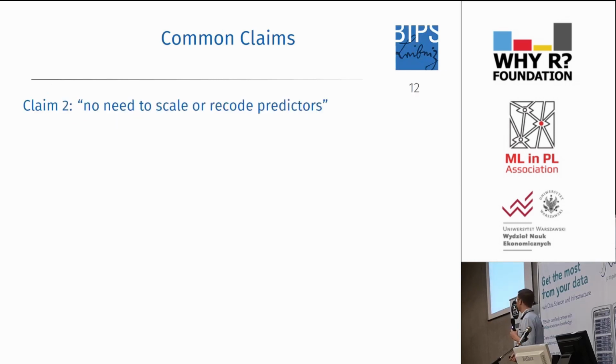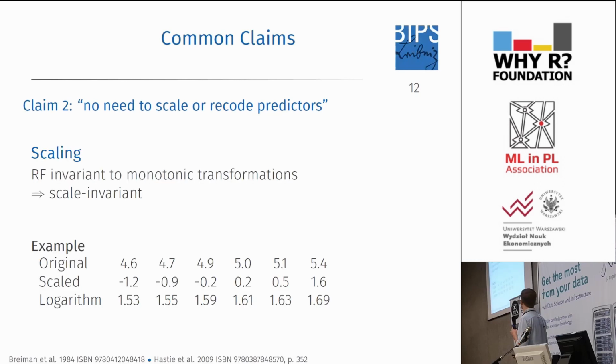So let's go to our second claim, which is no need to scale or recode predictors. For scaling, this is quite simple, because random forest is invariant to monotonic transformations. It's also scale invariant.